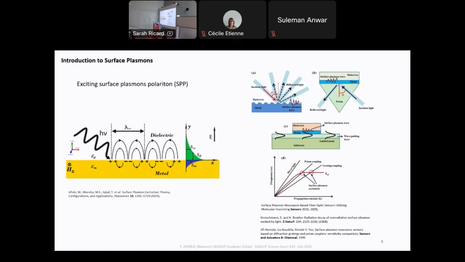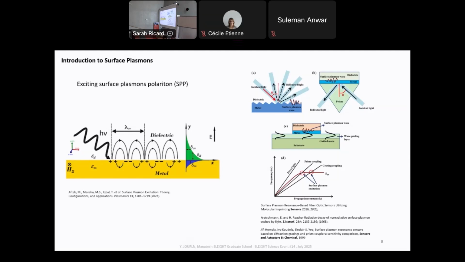So there are several configurations. The main configuration is what we call the Kretschmann configuration. We add a prism to have this phase matching between the incident beam in the prism and the K vector of the surface plasmon. And here we have this resonance condition, and we can excite the plasmon.